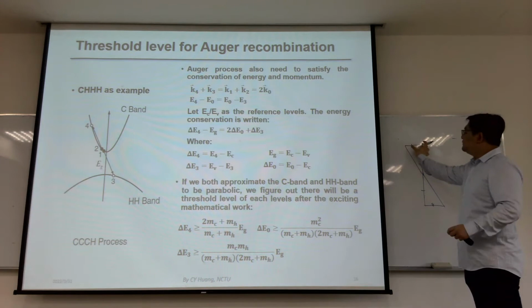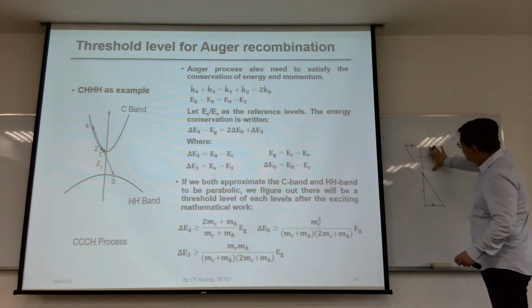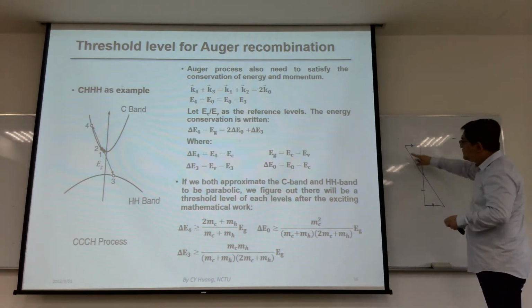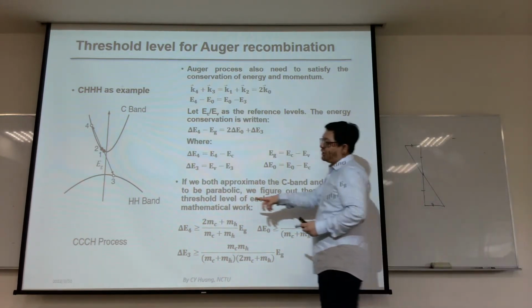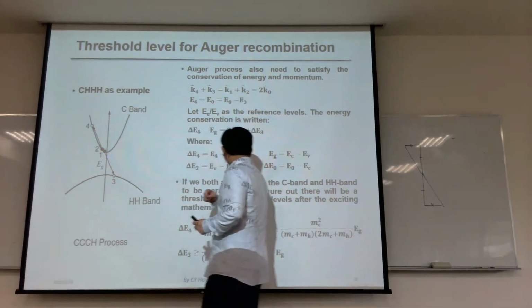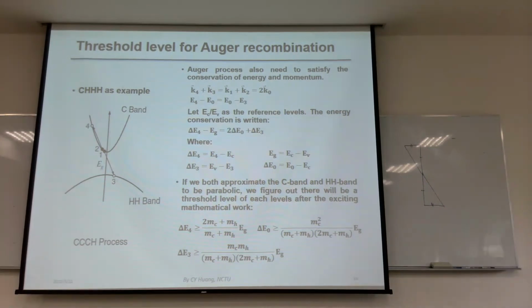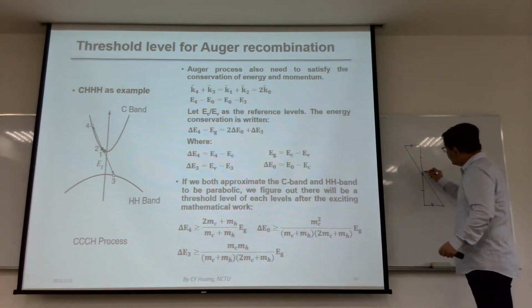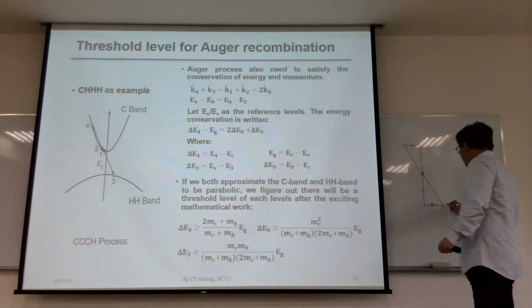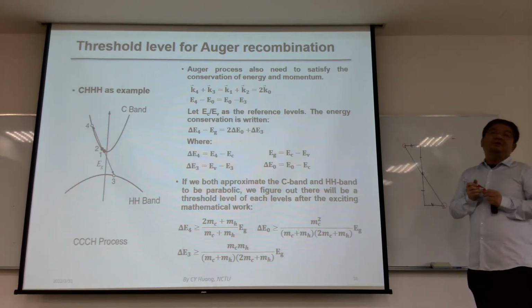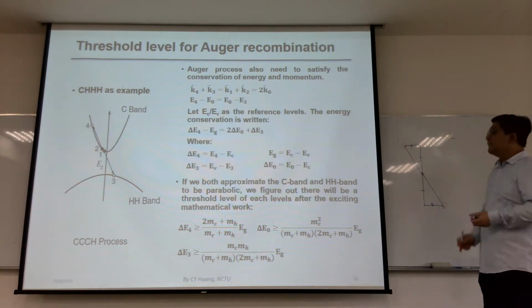These two lengths are for conservation of momentum, and this one is for the conservation of energy. And if you can find 3 points matching this pattern on your band structure, then the Auger recombination could happen.